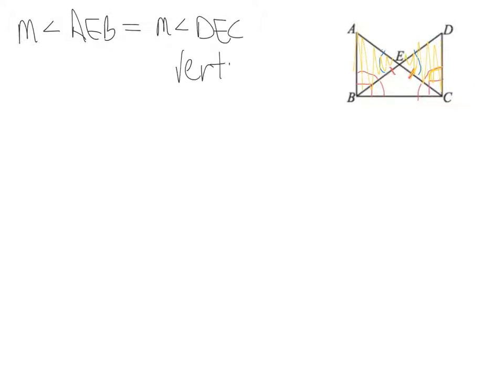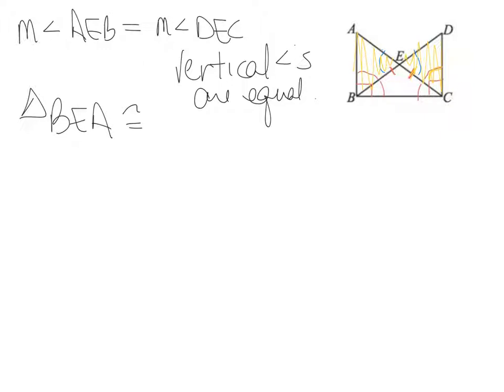The measure of angle ABE is congruent to the measure of angle DEC because they're vertical. Vertical angles are equal. Now we have triangle BEA is congruent to triangle CED because of angle side angle.